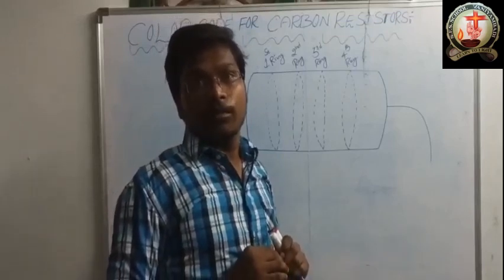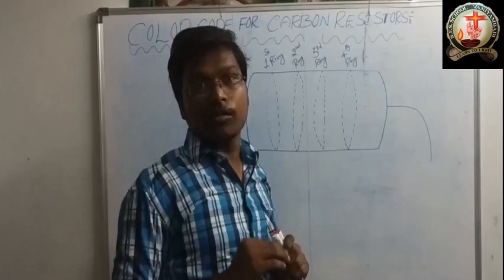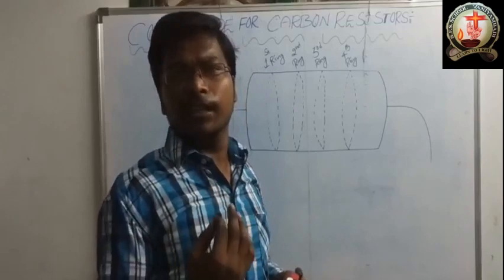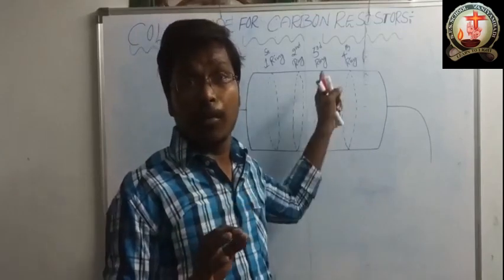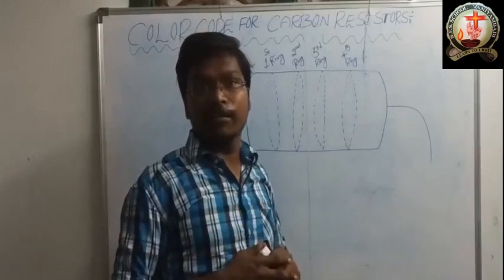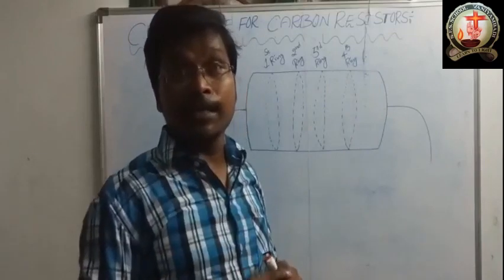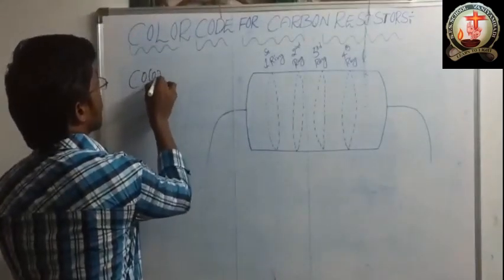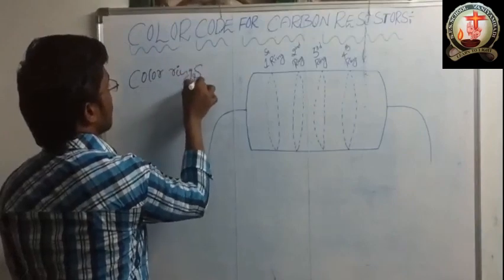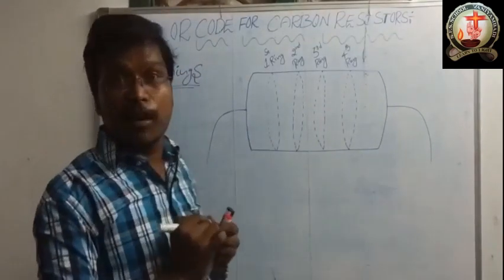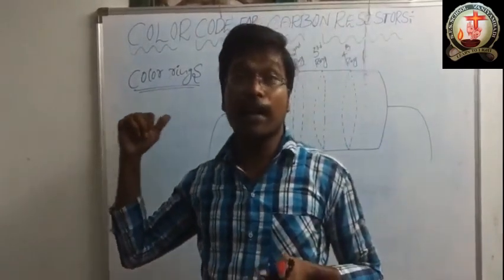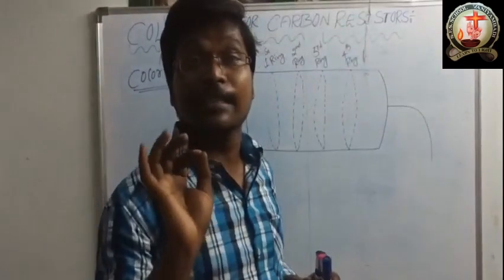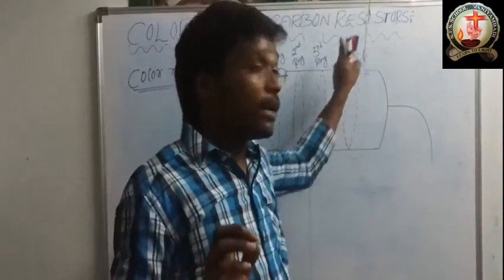So we can use one method here. By the use of that method, we can easily find the resistance value of carbon resistors. What is that method called? Color rings. By the use of this color rings method, we can easily find the resistance value of the carbon resistors.